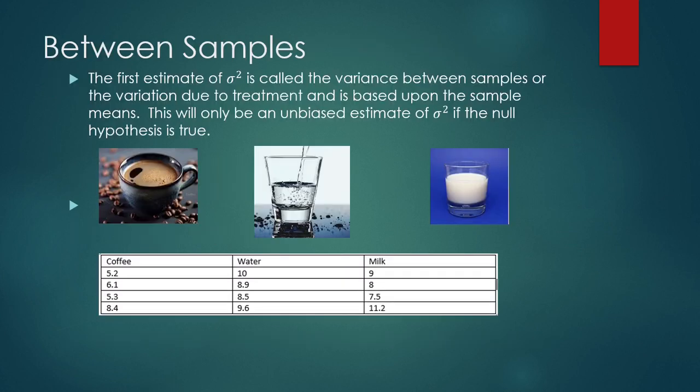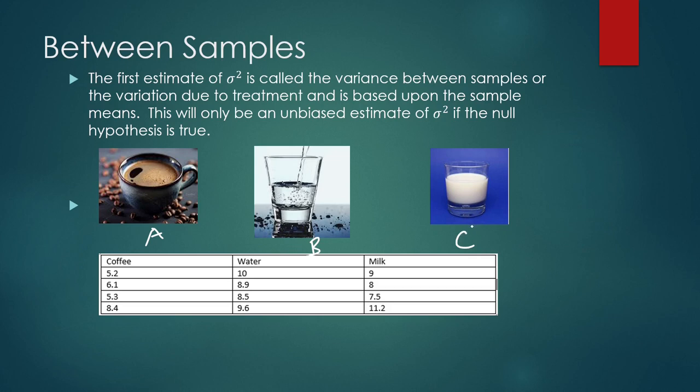The first estimate of the variance is called the variance between samples, or the variance due to treatment, and is based upon the sample means. This will only be an unbiased estimator of the variance if the null hypothesis is true. When I say between the samples, let's consider group A, coffee, group B, which is water, and group C, which is milk.